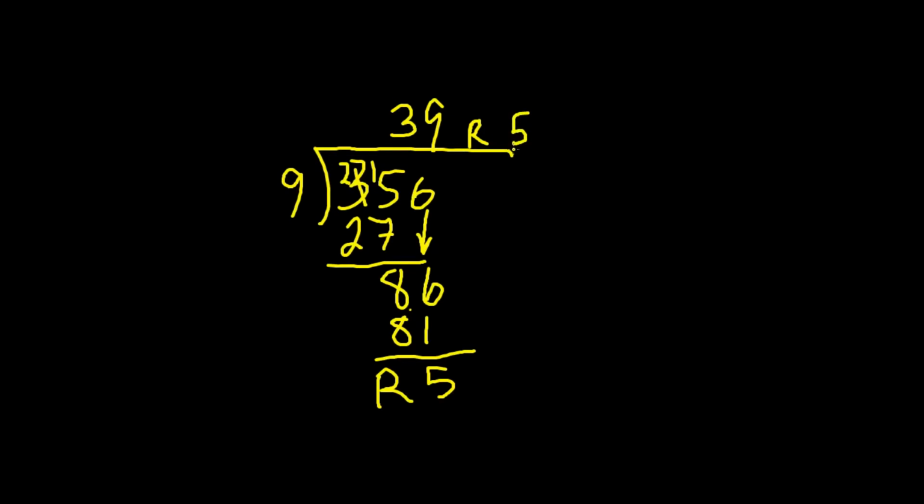Now let's go ahead and scroll down, get that out of the way, and we will look at our review problems. The first review problem is 30 divided by 5. Well, this one's pretty simple. We know from multiplication that 6 times 5 is 30.